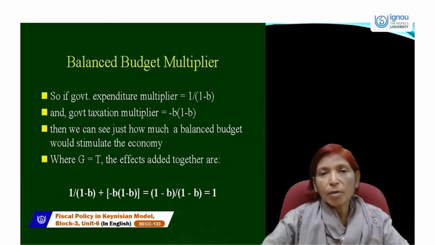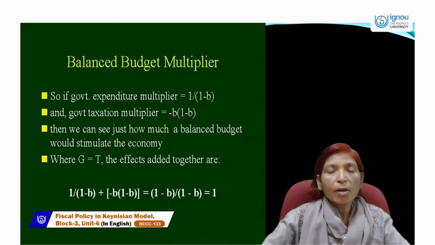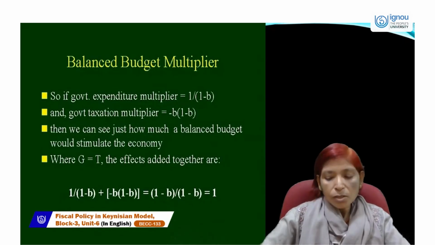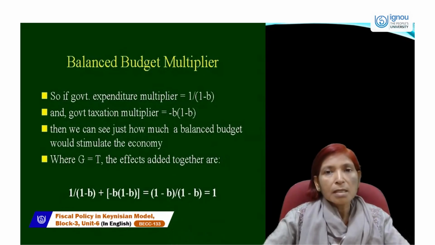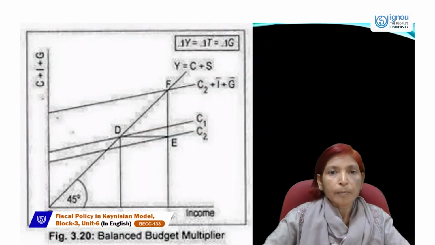If we take the summation of 1 upon 1 minus MPC plus minus MPC upon 1 minus MPC, then 1 minus MPC upon 1 minus MPC, both values will be equal, and if we cut both values, then we get 1. So balanced budget multiplier is always equal to unity.